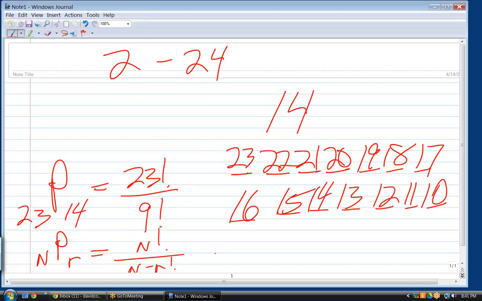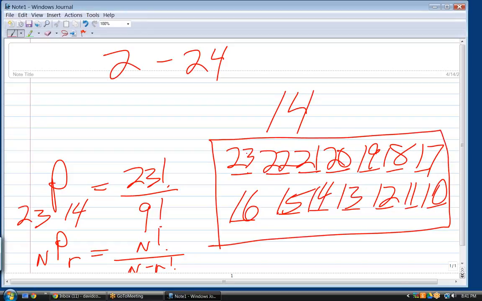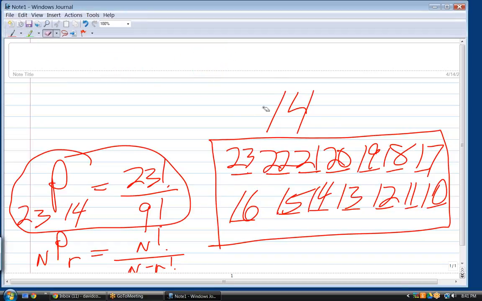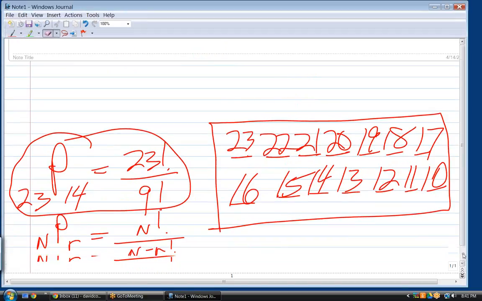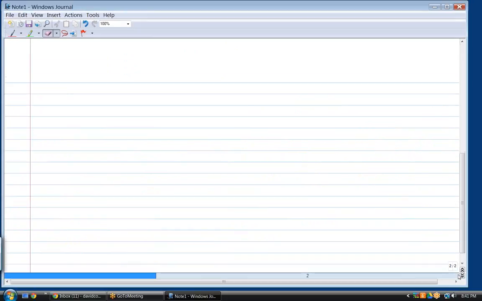In other words, once the first player has gotten a number, there's only 22 left for the next guy. And I can tell that that's 23 factorial over 9 factorial, which fits that definition. So it's a permutation problem. Let's go to the next one, and maybe we can figure out a better way to figure out whether order matters or not.